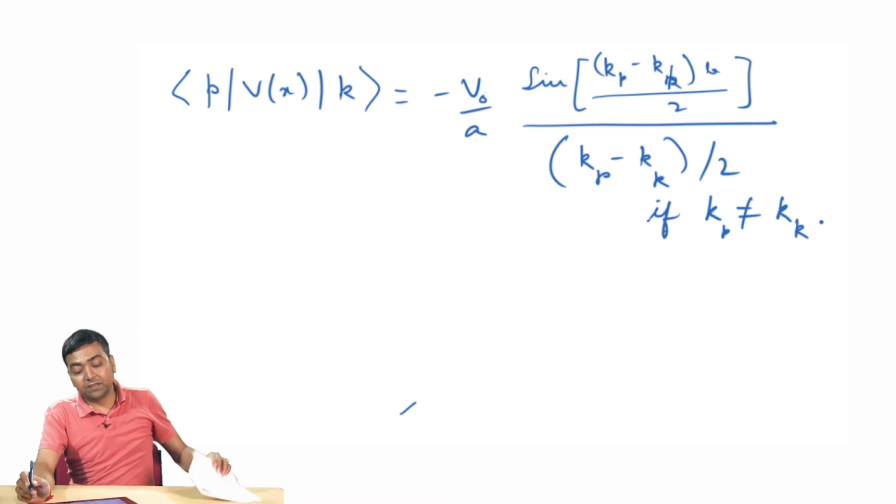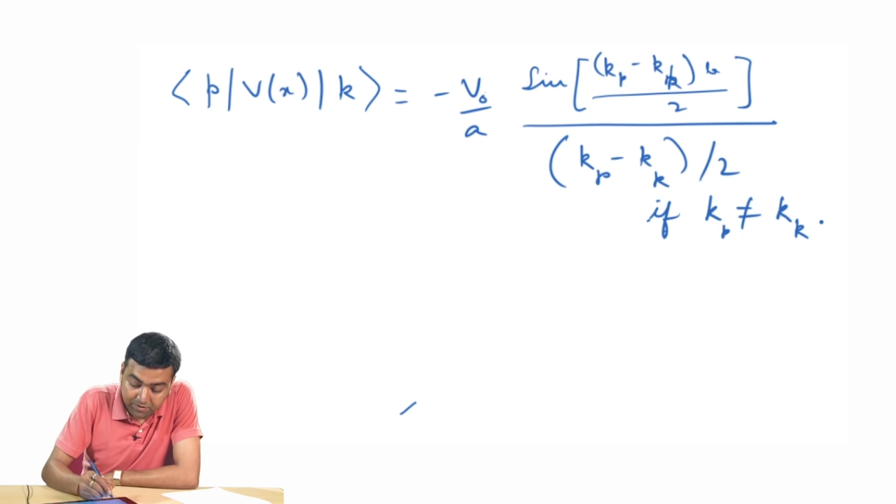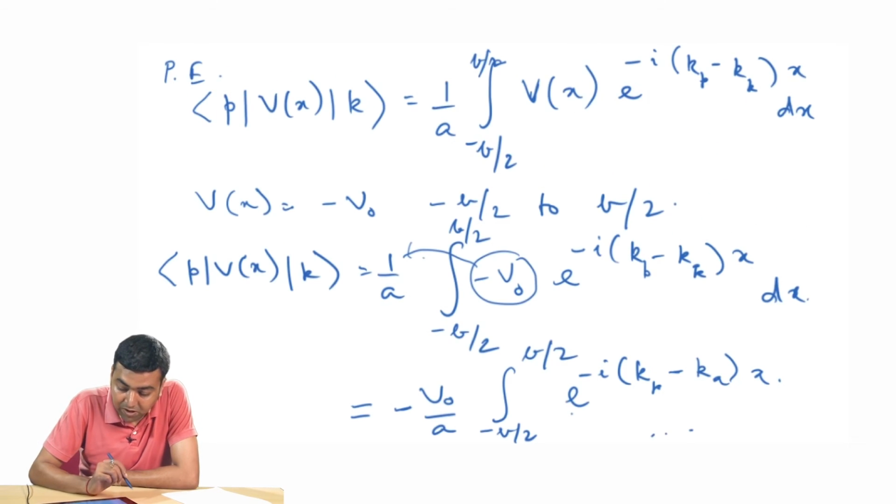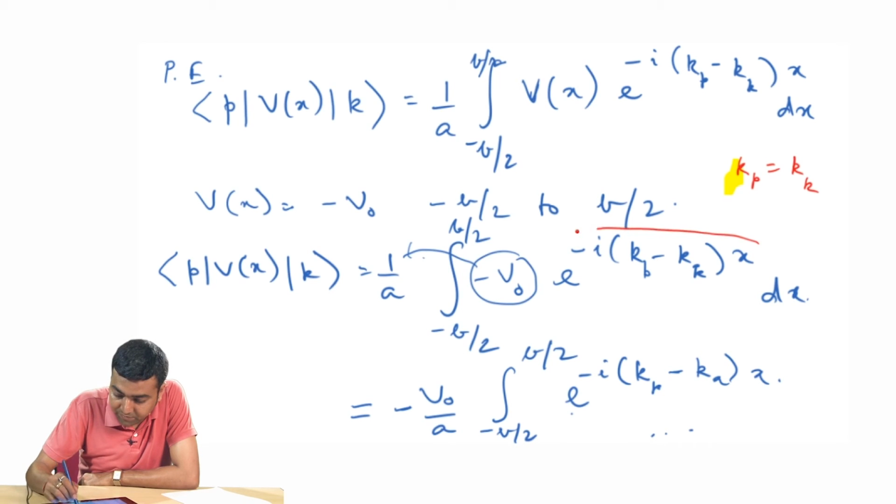Now, if my k p is equal to k k, that is, the two wave vectors corresponding to these two are the same, we need to evaluate it in a slightly different way. If these two are the same, this term here, let me use a different color, if my k p equals k k, this term will be equal to 1.